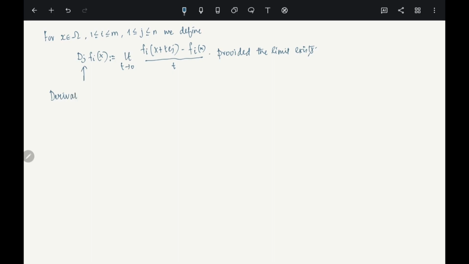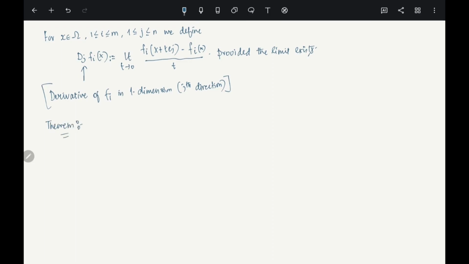So think of it like the derivative of f_i in one dimension, in particular the jth direction. So this is the idea. Okay, and that's your partial derivative, and we write it like this. Clear? So once that is there, we have this theorem. Okay, so theorem, I hope the idea is clear.